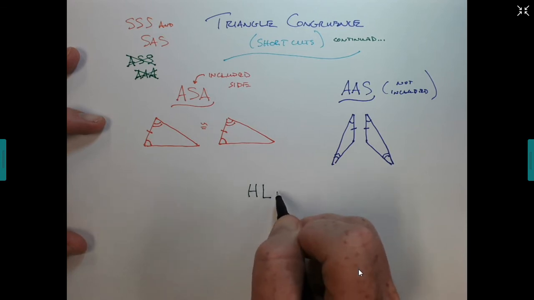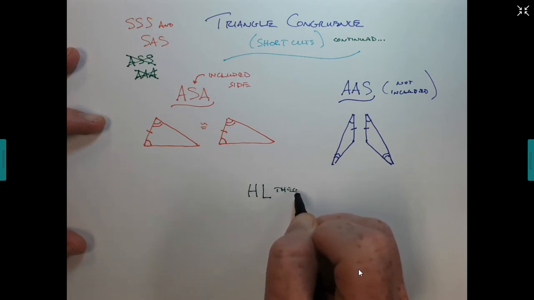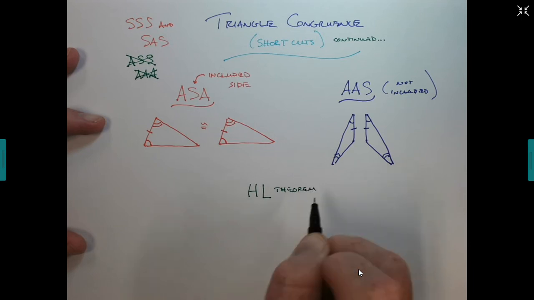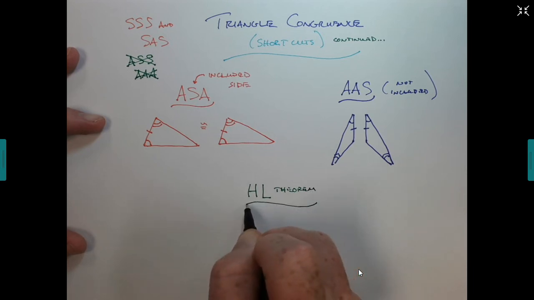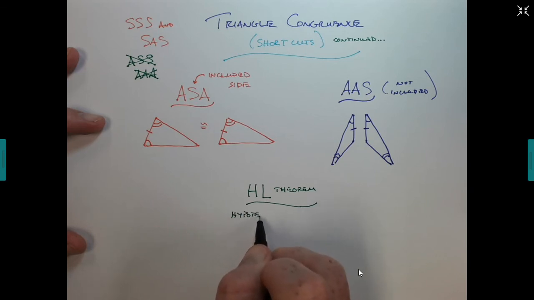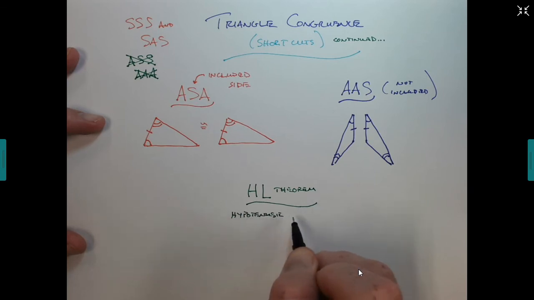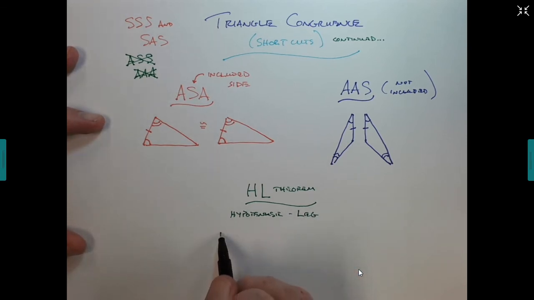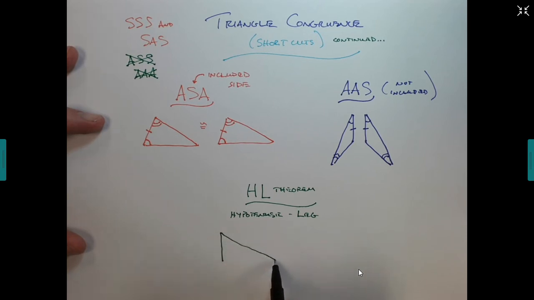It's called the HL theorem. This is different. The H stands for hypotenuse. The L stands for leg. So if we're talking about a hypotenuse, we've got to be talking about a right triangle.